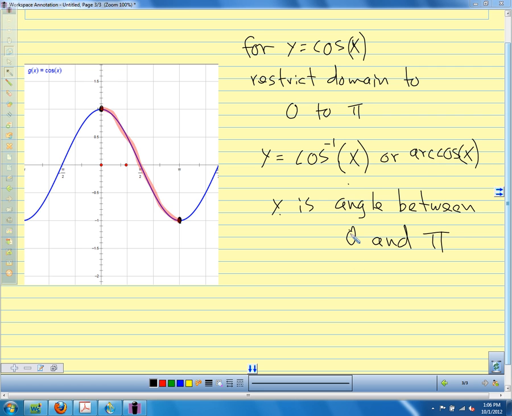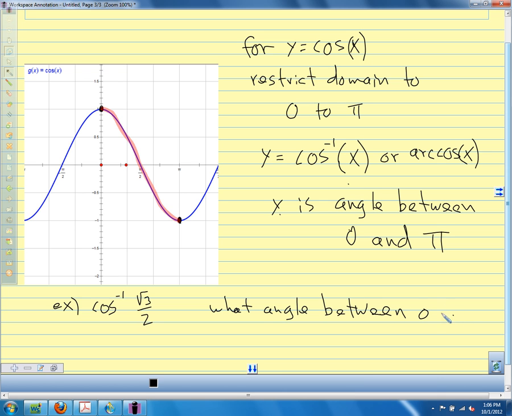So let's look at a couple of examples of this. So if we wanted the inverse cosine of square root of 3 over 2, what this question is asking us is what angle between 0 and pi has a cosine of square root of 3 over 2.